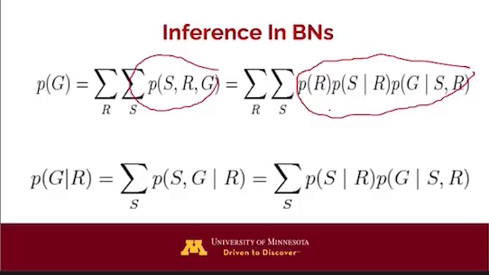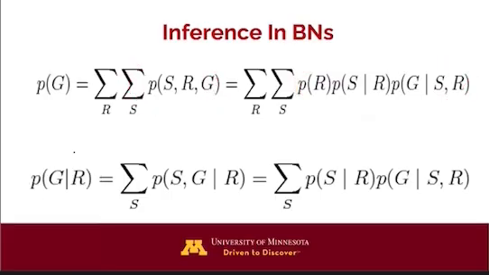I'm answering probabilistic questions. Now, I can also find the probability that the grass is wet conditionally on rain. What is the probability that my grass is wet as a result of rain? I can also figure it out. If I want to figure it out, it means I'm not interested in sprinkler.